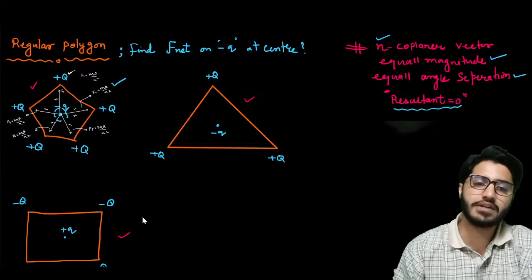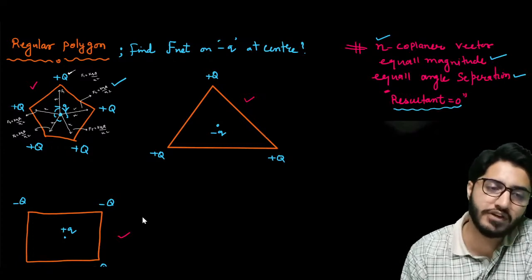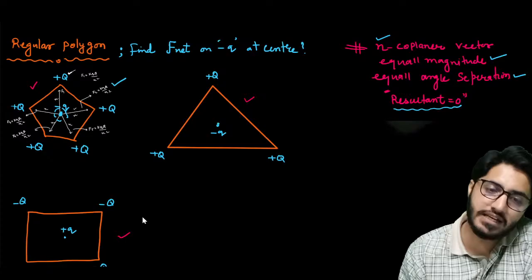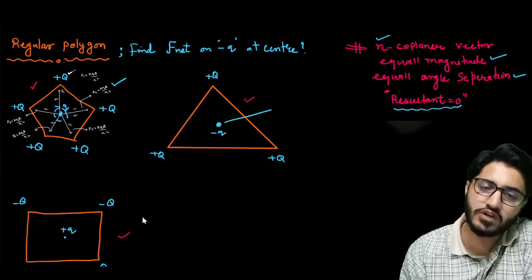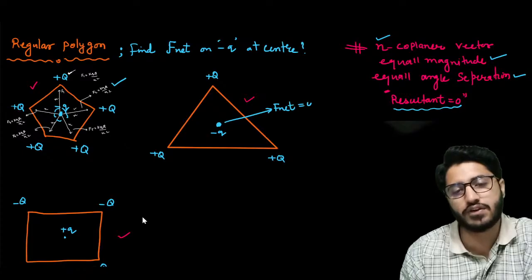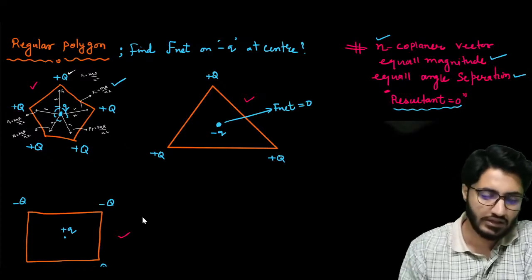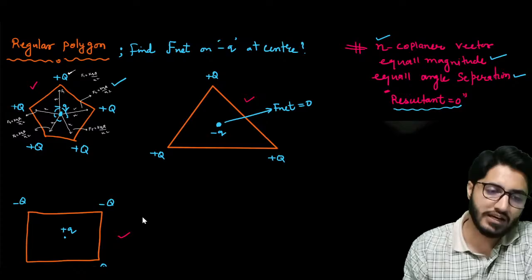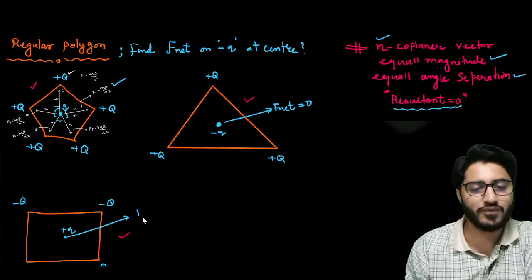So what will be the force on the center one? It will be 0. In the same case here, it will be 0. So if you need to find F net, F net will be 0. In the same way here it will be 0.